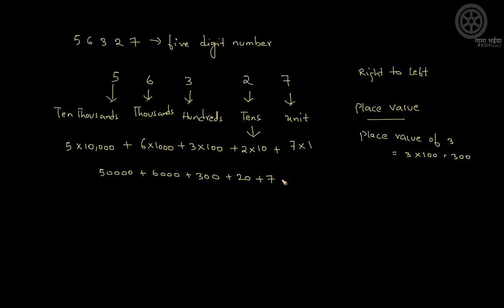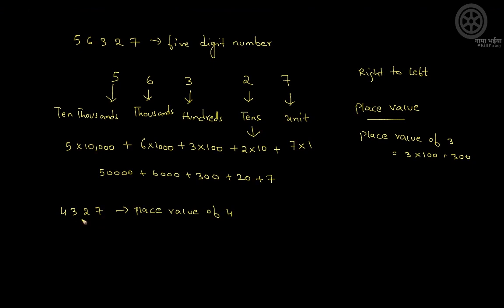Shall we solve one more example? Right. 4327, right? 4327. What is the place value of 4? Right? We need to compare from right to left.